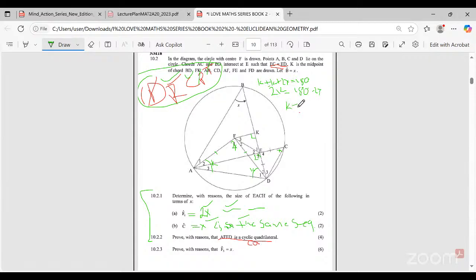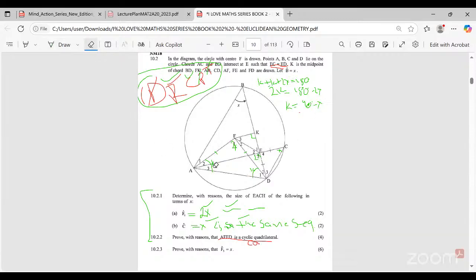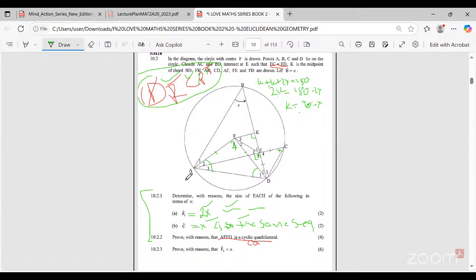Therefore, k is equal to 180 degrees minus 2x over 2, and therefore it will give us 90 degrees minus x. Therefore, this part here is no longer k, but is 90 minus x. This part here is 90 minus x. This one as well will be 90 minus x. Does this make sense? Yes, sir.